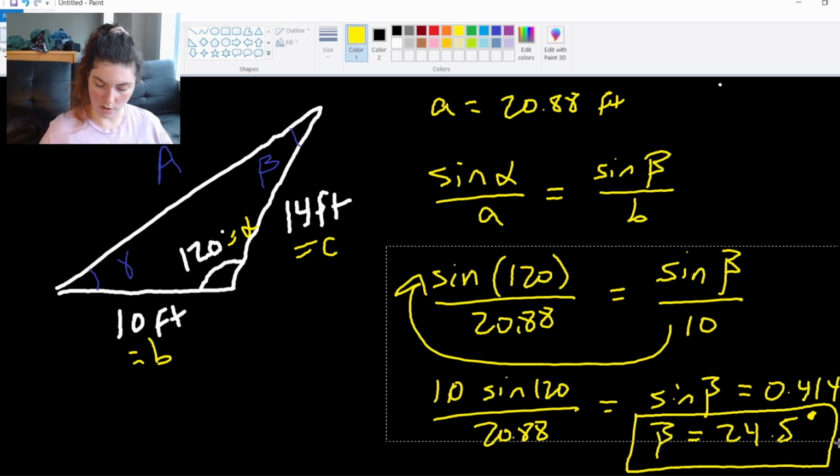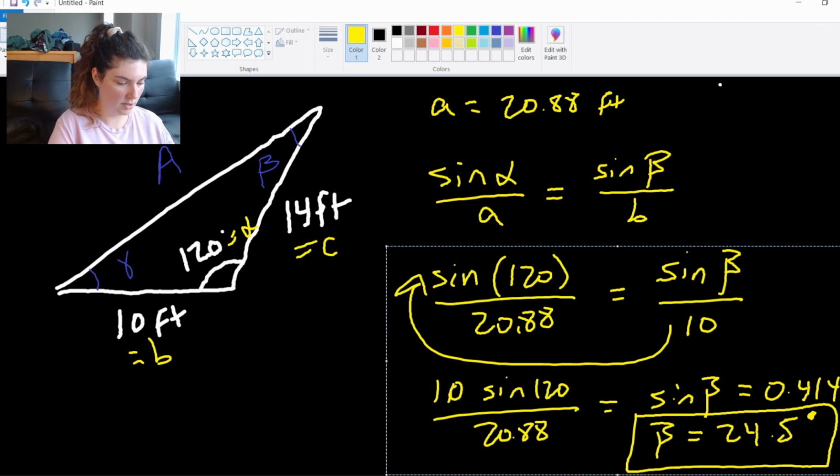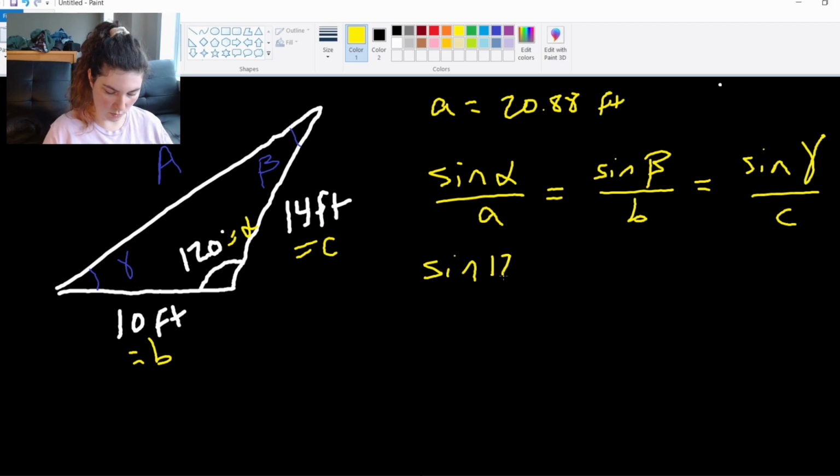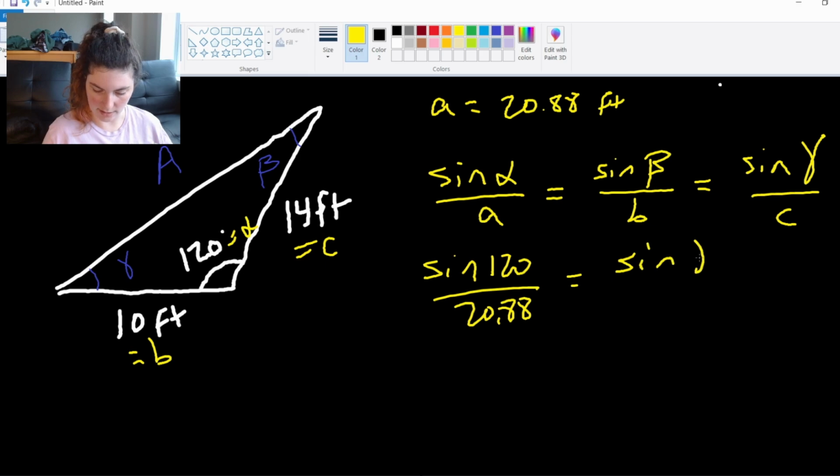I'm going to move all of this out of here. This is also sine gamma over c. So we can say sine 120 over 20.88 as we did before, but now it's sine gamma over 14.